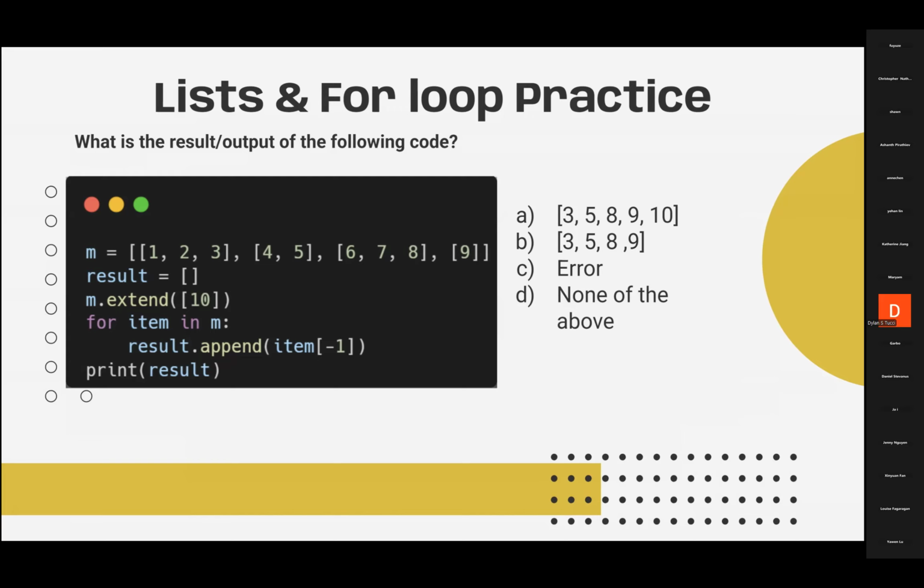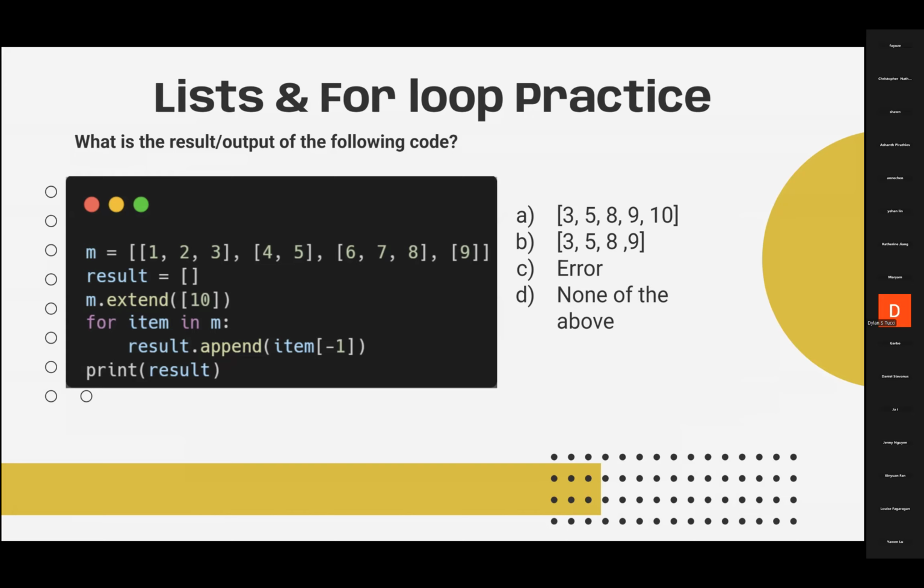It's because for each item inside the list, like the first 4 items, they are just lists. So result append item -1: since the element is a list, you can get the last element of the list by the -1 index.